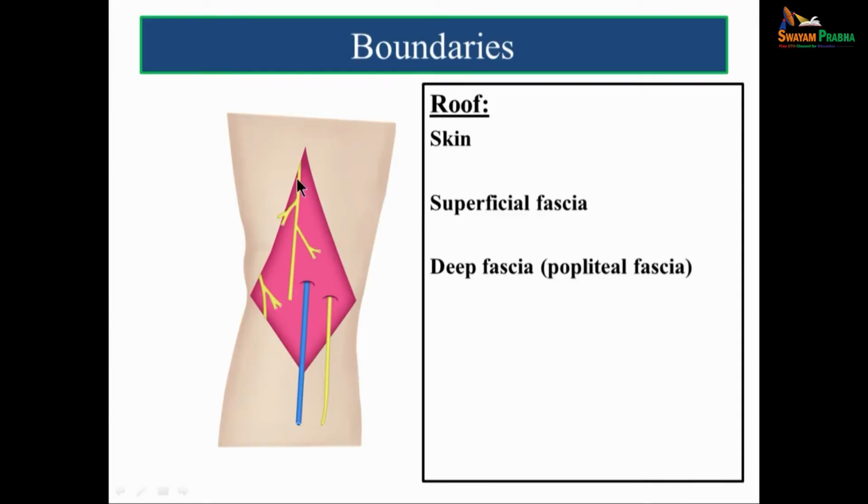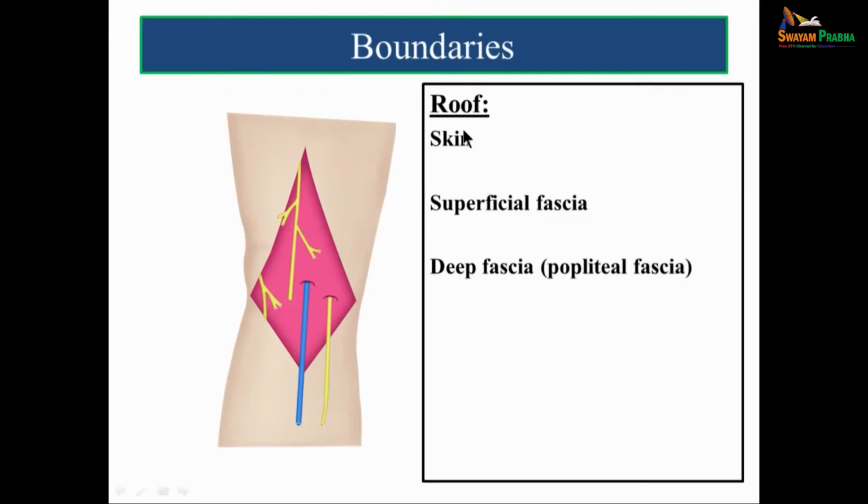Now, the roof. The roof, you can see in this picture. This is the outline of the popliteal fossa. We have some structures in the roof. So, the roof is the more superficial structure when you see from behind, or it's more posterior when you see from the anterior aspect.